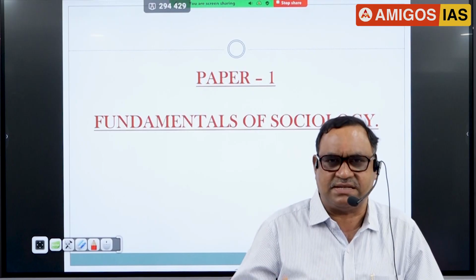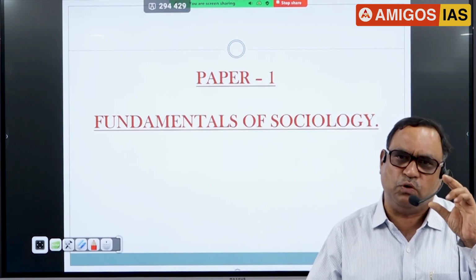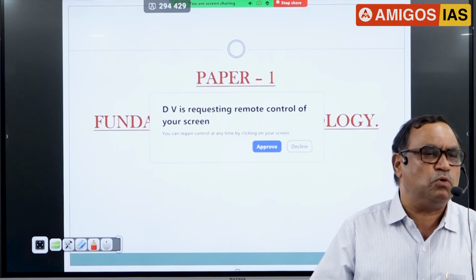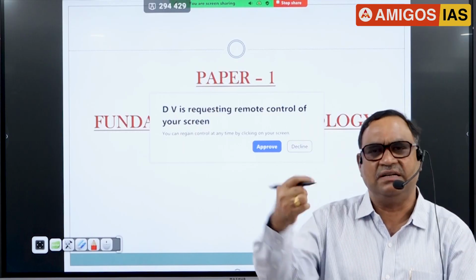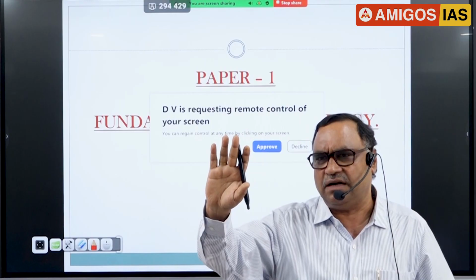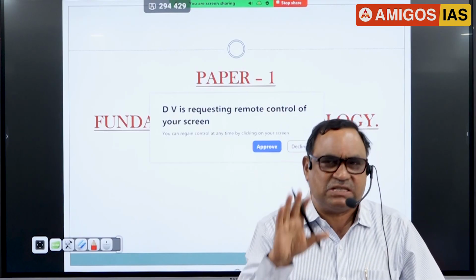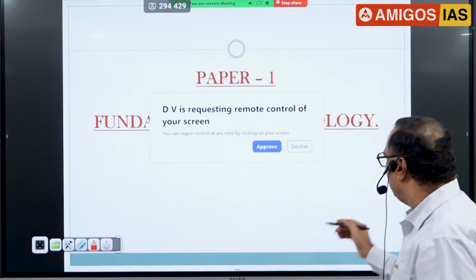With my experience, I have identified 10 important components on which the student is supposed to get a command. If you are thorough with those 10 components, very easily you can write an answer to any question related to paper 1. So based on that, I have prepared my discussion here.